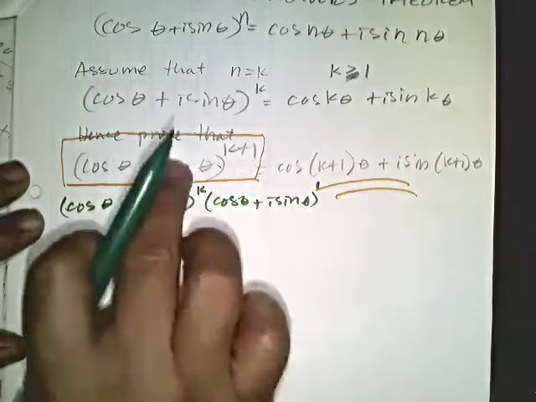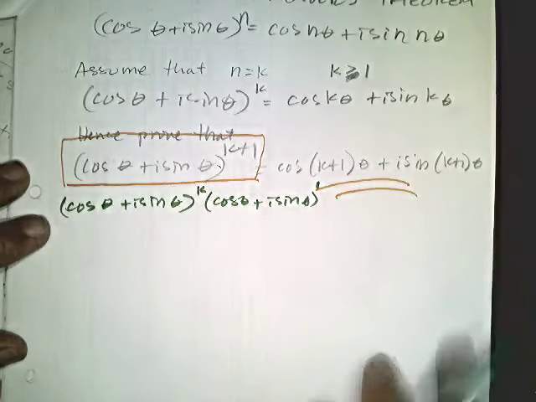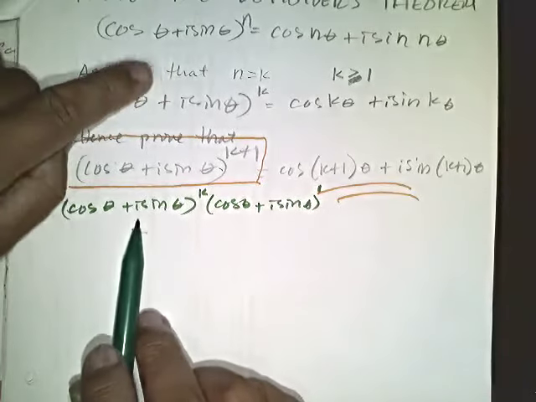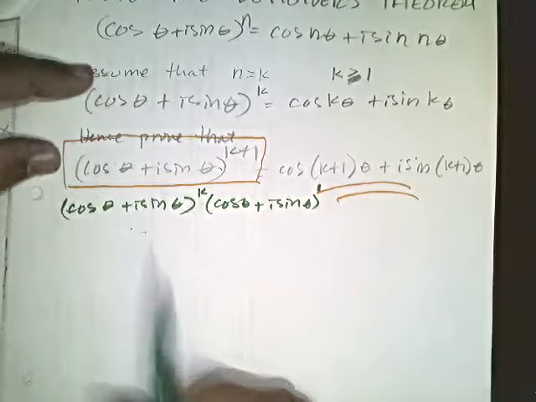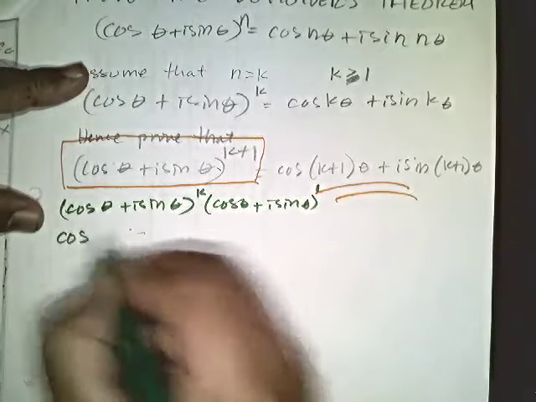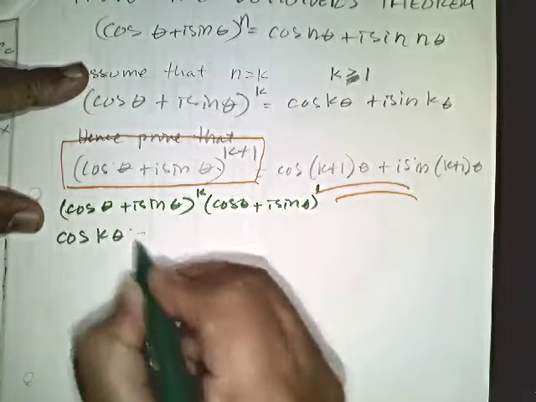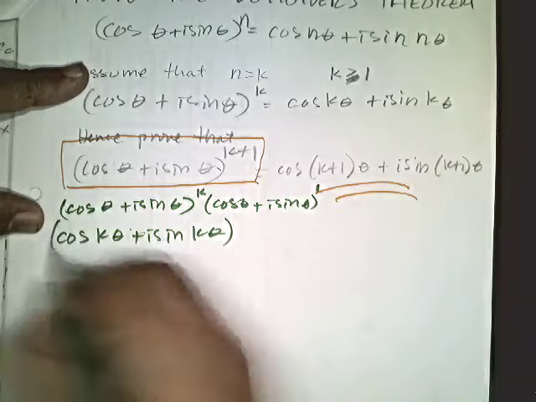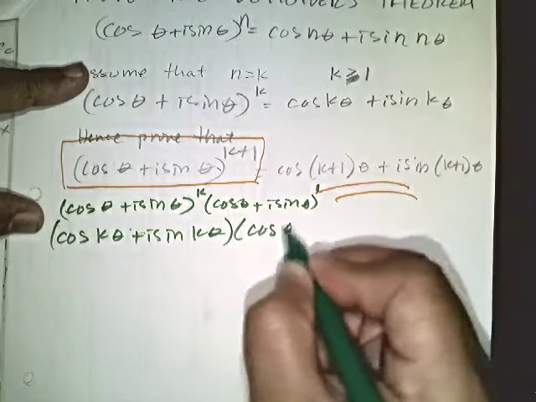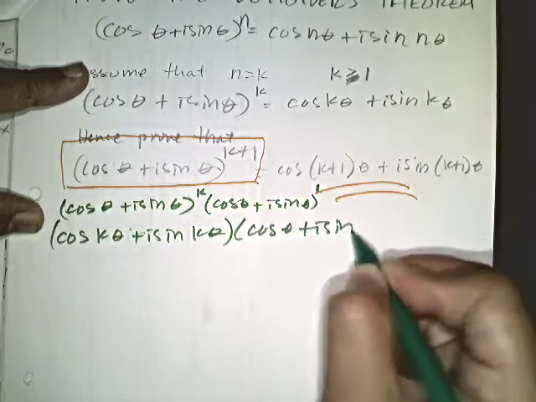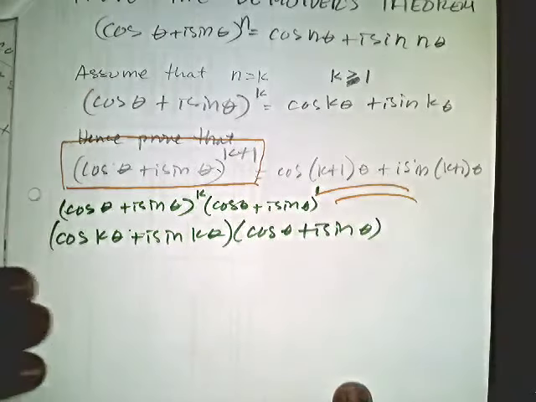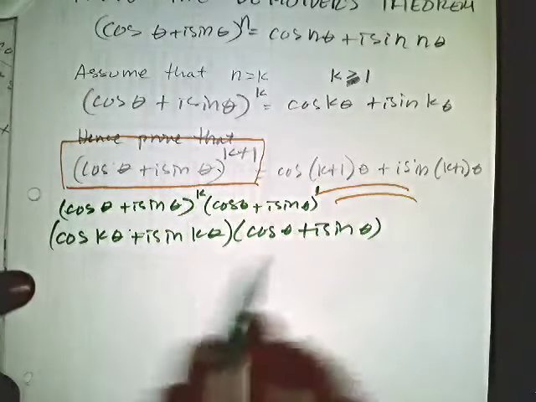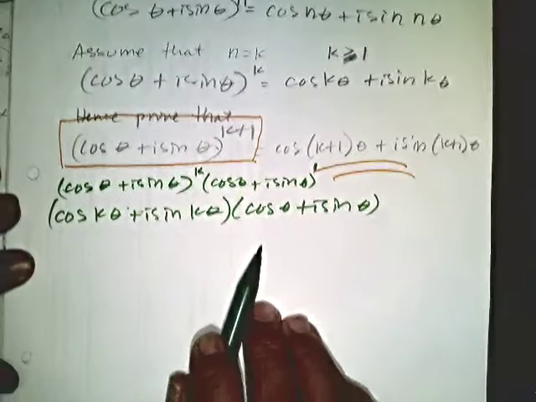Since we assume that if n equals k this is true, we can assume that this is cosine k theta plus i sine k theta, times cosine theta plus i sine of theta.